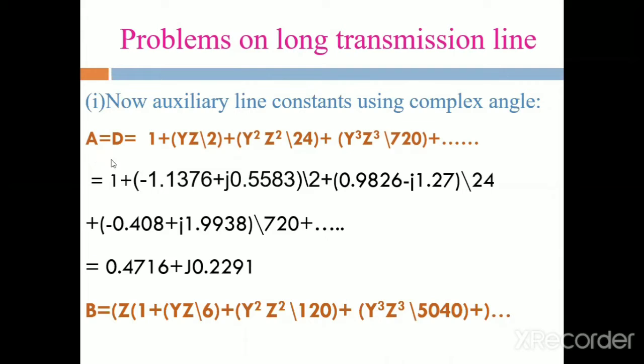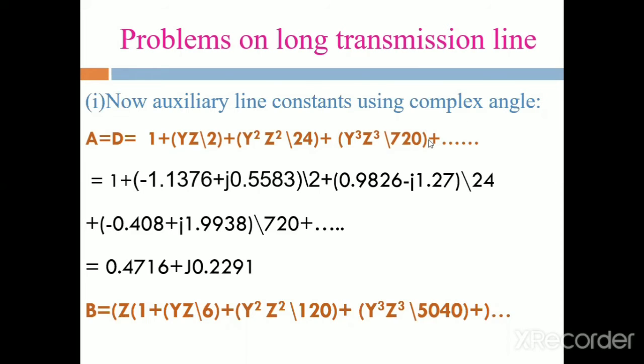Okay, this is the formula for A and D in the case of the complex angle method. The 2 means 2 factorial, Y square Z square by 4 factorial, that is 24, plus Y cube Z cube by 6 factorial, that is 720.